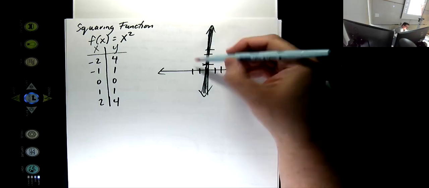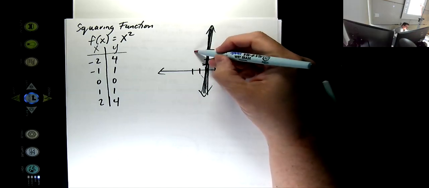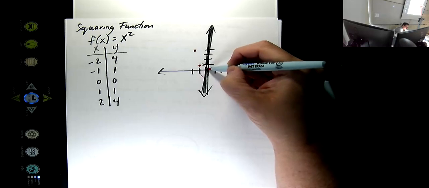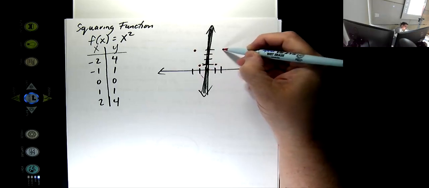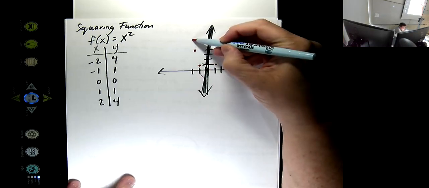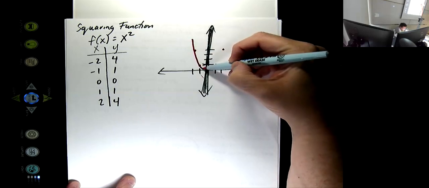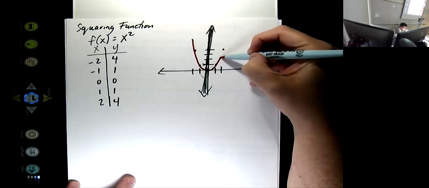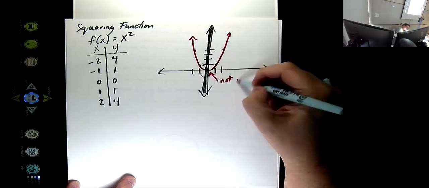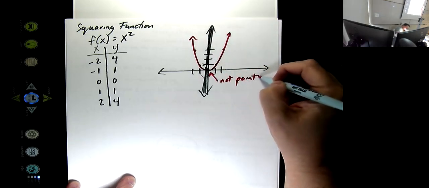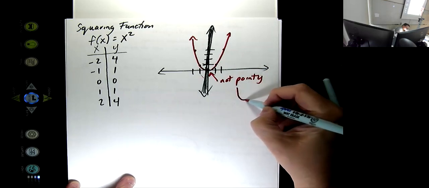All right, so if we plot these, it's a curve. You want it to be curved at the bottom. It's not pointy. It's a curve.